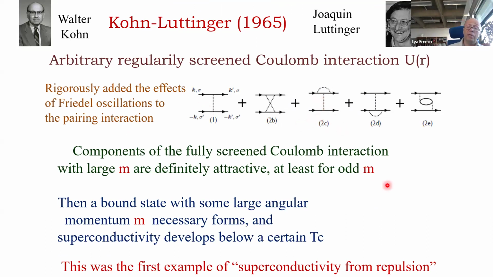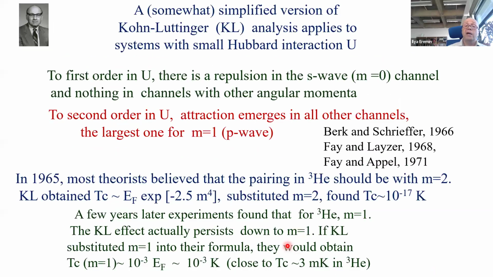And they found out that at least for odd values of m, so that means for triplet Cooper pairs, it will definitely be attractive. But even for m equal to 2, you will still have some superconductivity, but of course, that would be a ridiculously small superconducting transition temperature. I think they got something like 10 to the minus 11 Kelvin. And that was the first example of superconductivity from repulsion. So it was thought of as kind of academic.